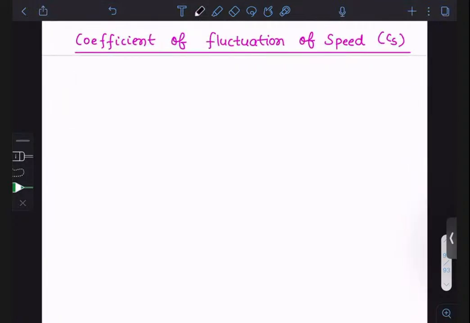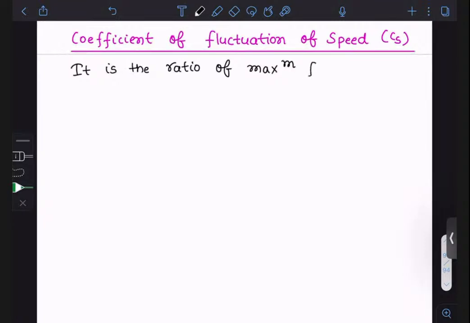It is the ratio of maximum fluctuation of speed to the mean speed.